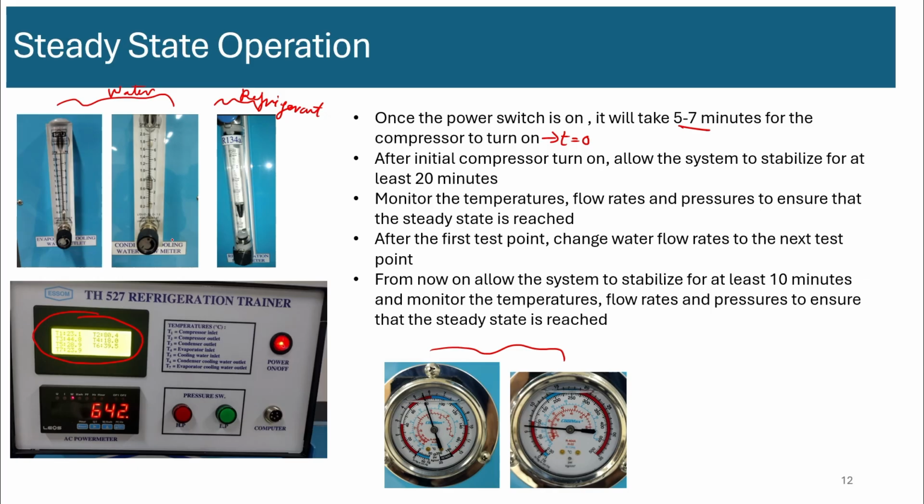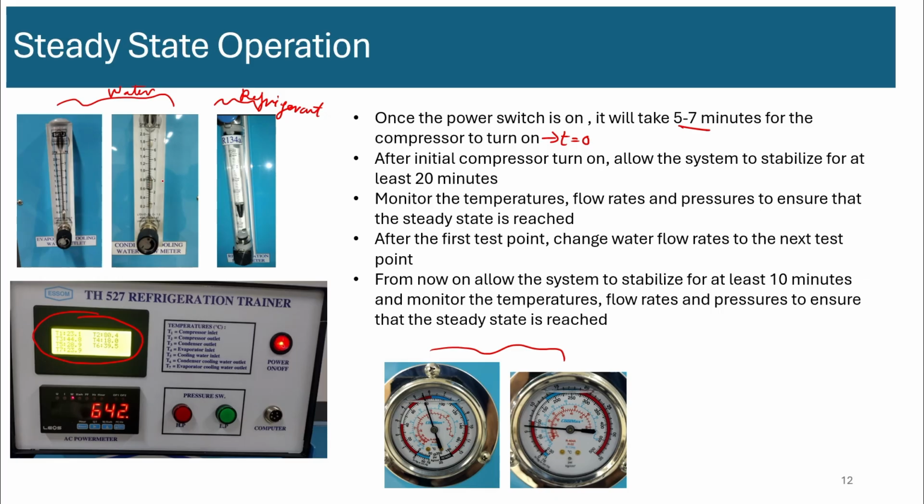The problem with the water flow meter is it's connected to a lot of other supplies in the lab. So if someone else is opening the tap and that creates a big enough pressure differential, then your flow rate through the water supply meters could also fluctuate. So you have to make sure they are not fluctuating and they are steady.